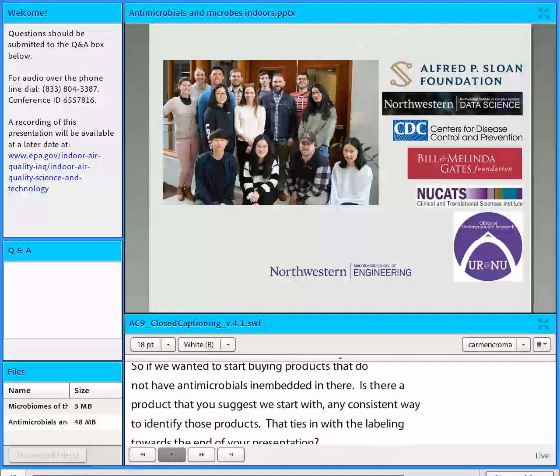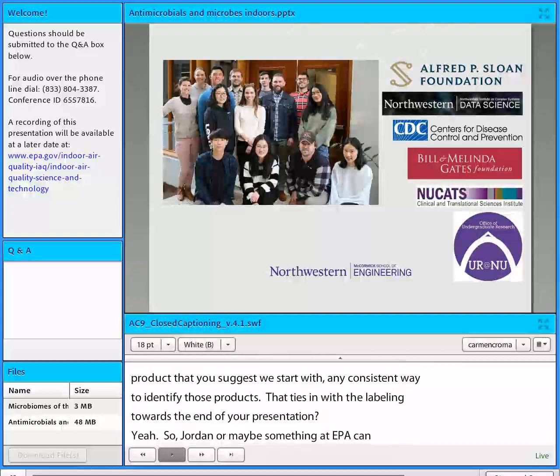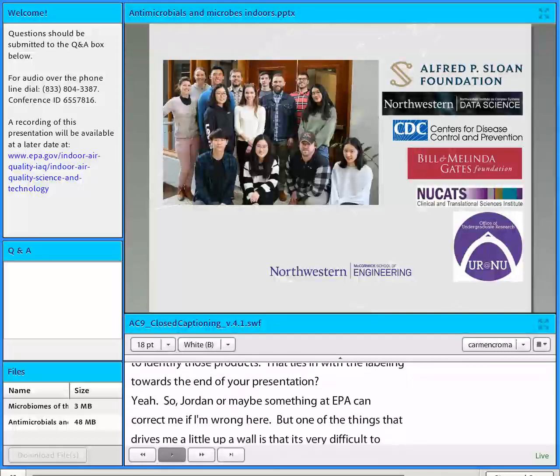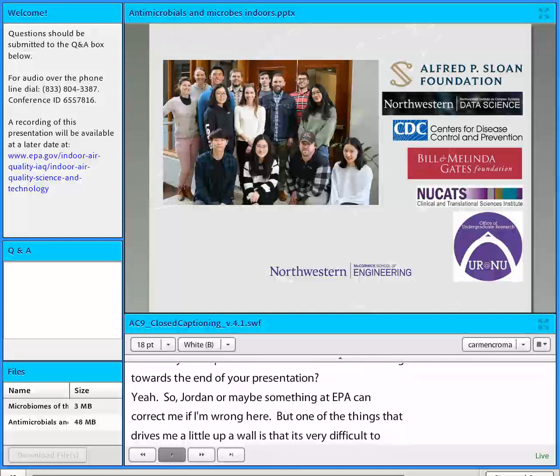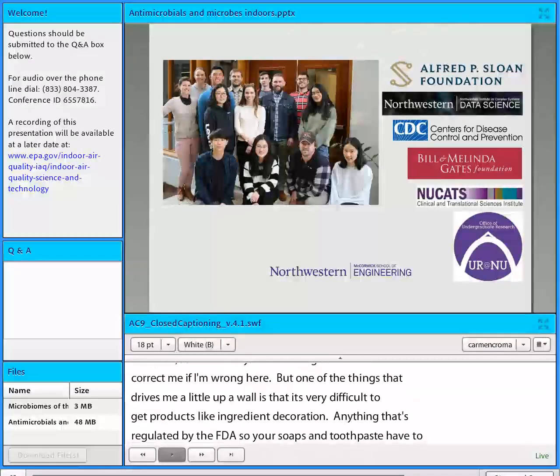Yeah, so Jordan or maybe somebody at EPA can correct me if I'm wrong here. But one of the things that drives me a little up a wall is that it's very difficult to get product ingredient declarations. So anything that's regulated by the FDA, so your soaps and your toothpaste, have to list all of the ingredients.